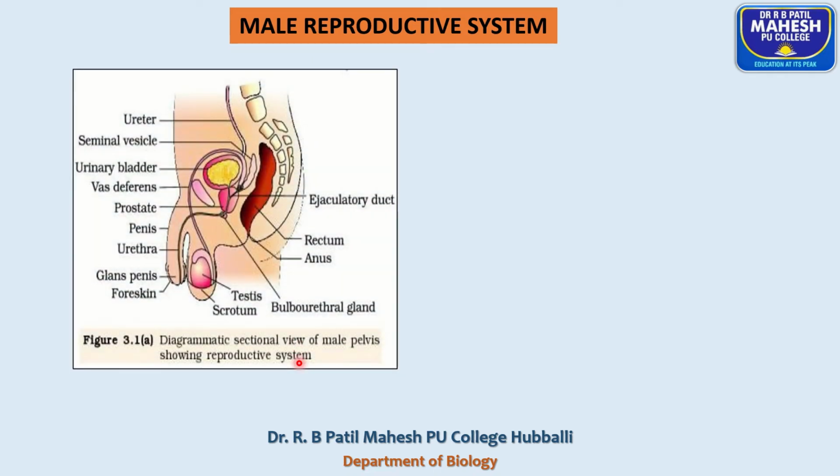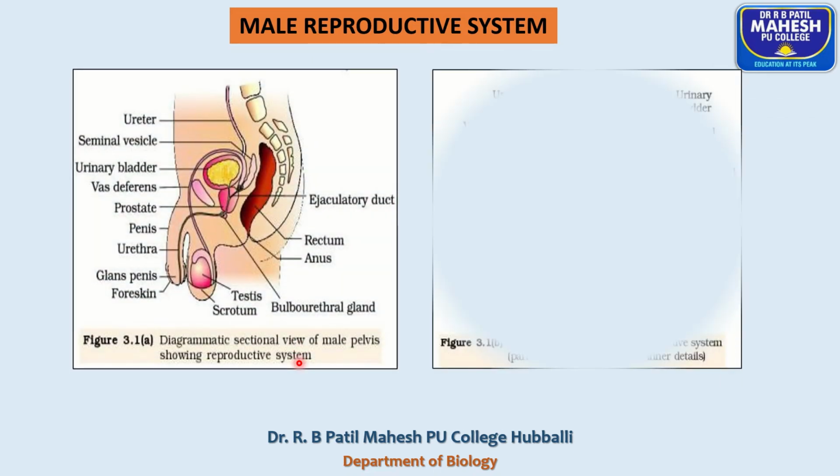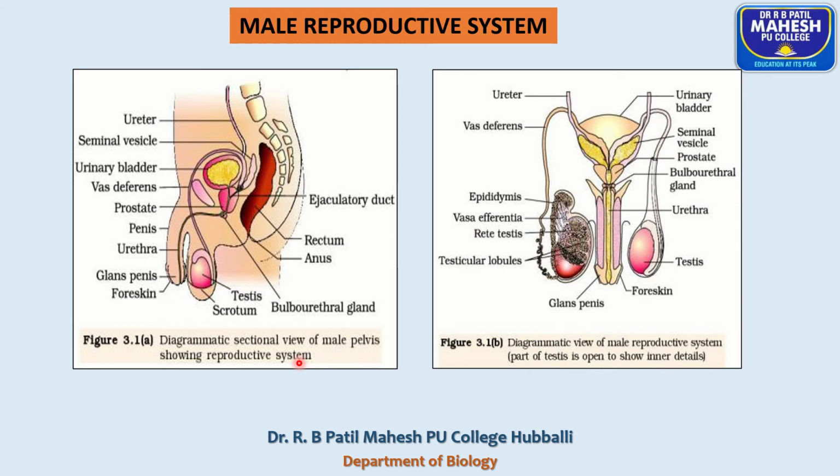When you look at the anatomy of the male reproductive system, the human reproductive system consists of two types of organs. You take any reproductive system, male or female, it is made up of two types of organs: one is the primary sex organ, the second is the secondary sex organ.